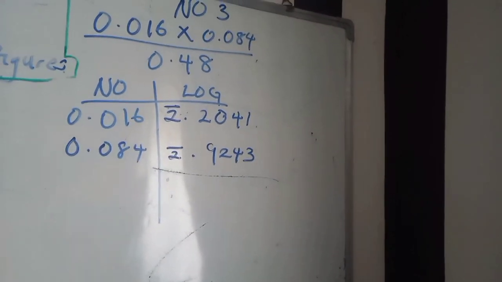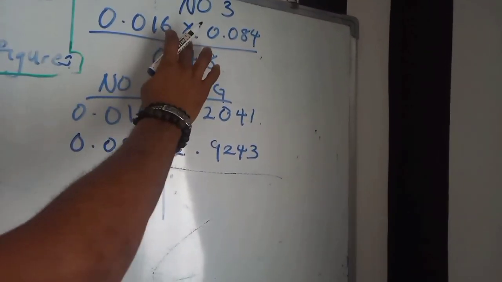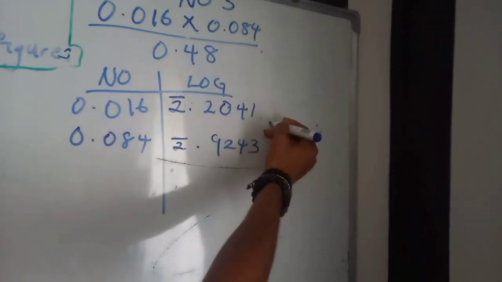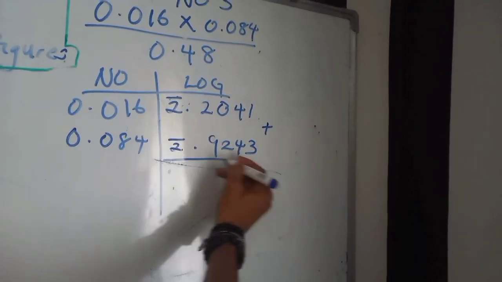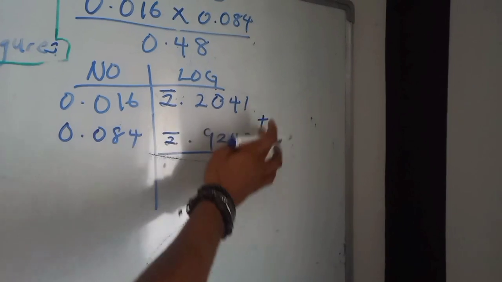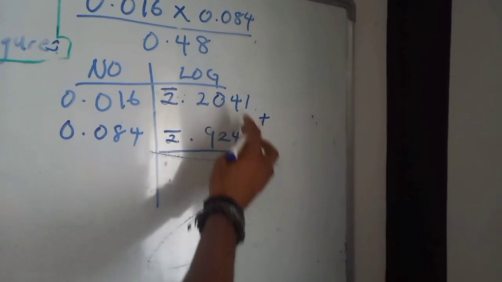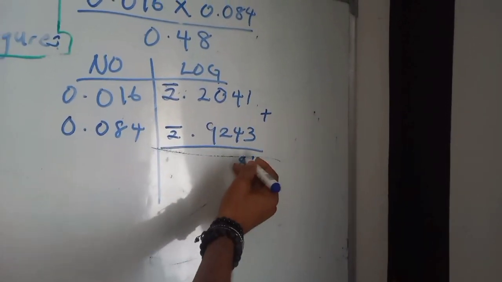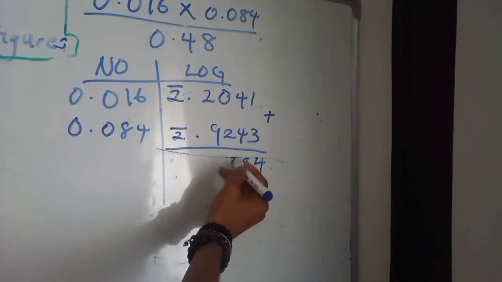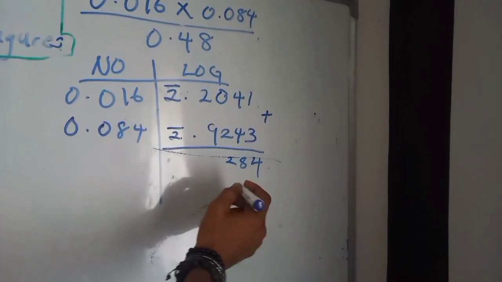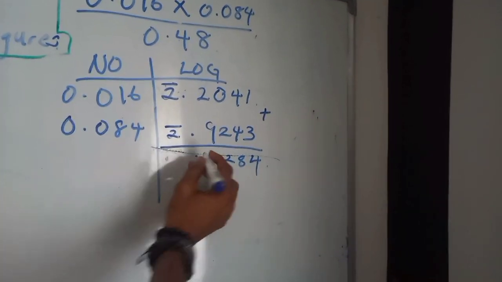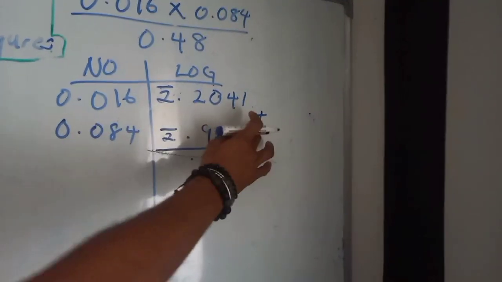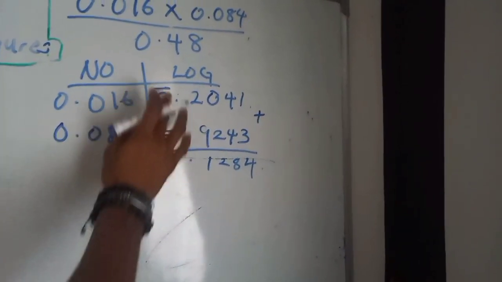Okay, so let's obey the multiplication sign, which means addition. I am to add them up. 1 plus 3 is 4. 4 plus 4 is 8. 0 plus 2 is 2. 2 plus 9 is 11. Write 1, carry 1. Then bar 2 plus bar 2 means minus 2 plus minus 2, which is minus 4.